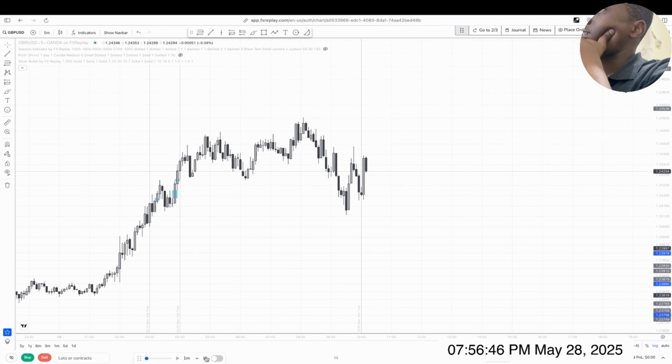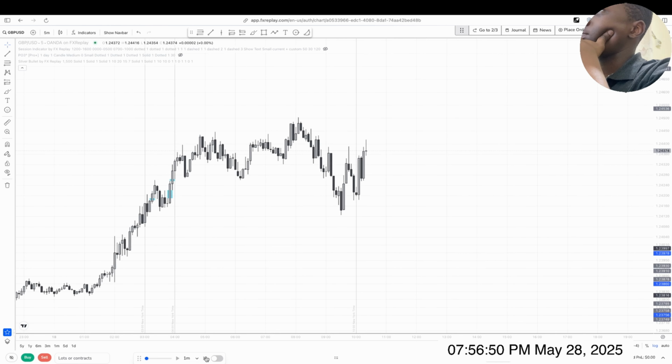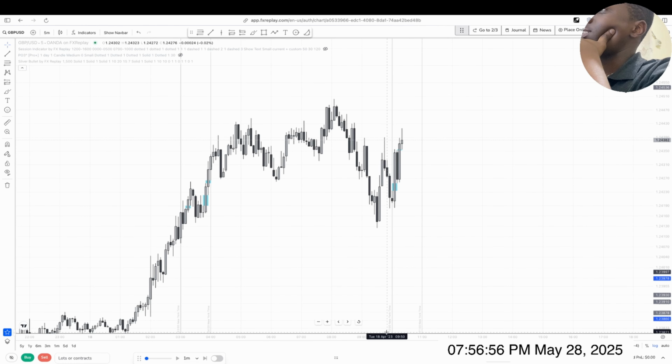So we push higher. Is there a fair value gap? Small one here. Let's see if it gets retested.